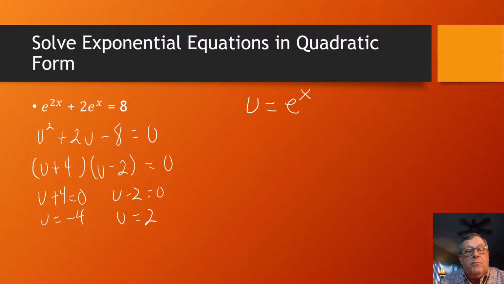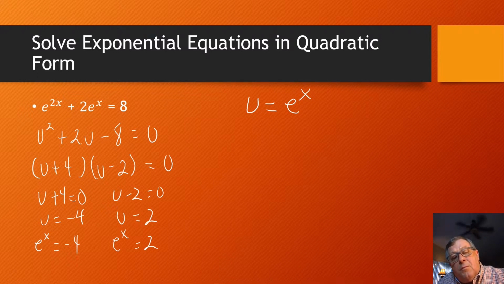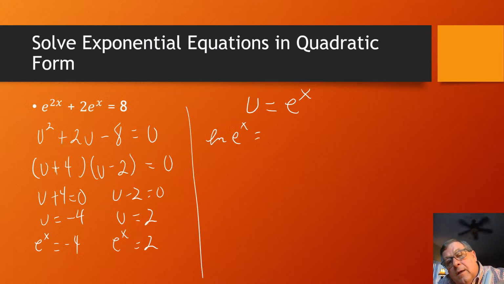Now we're going to resubstitute the natural base raised to the power of x for u. So now I've got e to the x equals negative 4, and e to the x equals 2. Then we can take the natural log of both sides. So I've got ln e to the x equaling ln of negative 4.